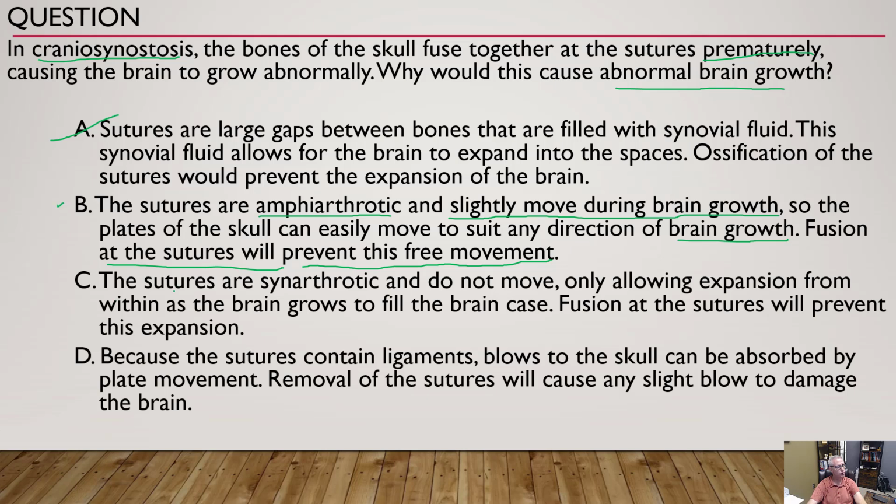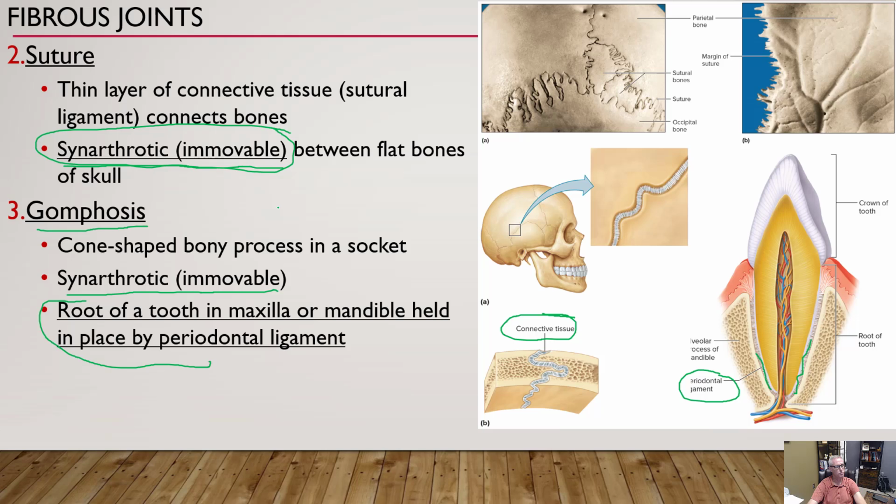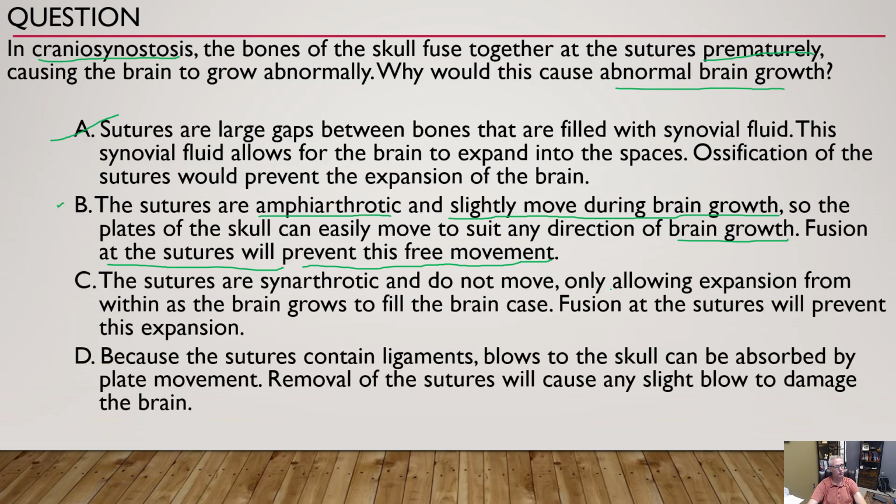All right, the sutures are synarthrotic. Let's go back to our definition. Synarthrotic is immovable and do not move, only allowing expansion from within as brain grows to fill the brain case. Fusion at the sutures will prevent this expansion.